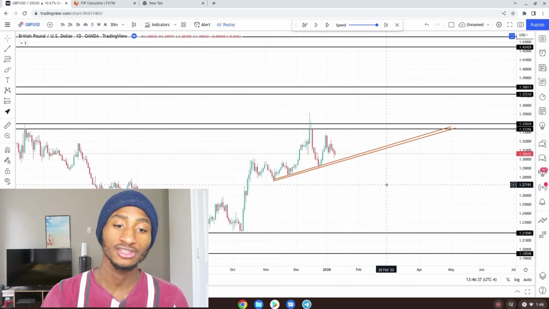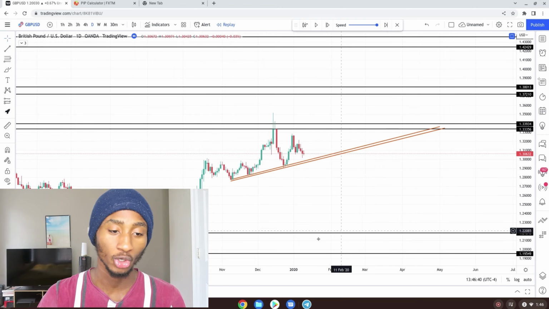So if you touch it 3 times, then I usually draw it 2. If it doesn't, I just put like 1 line and that's it.